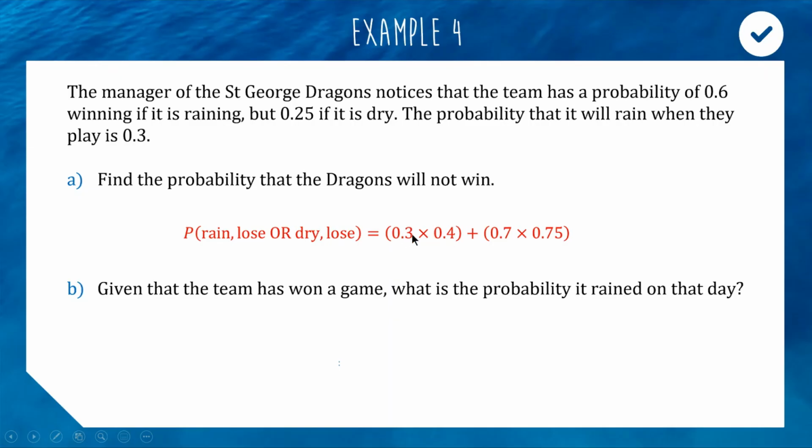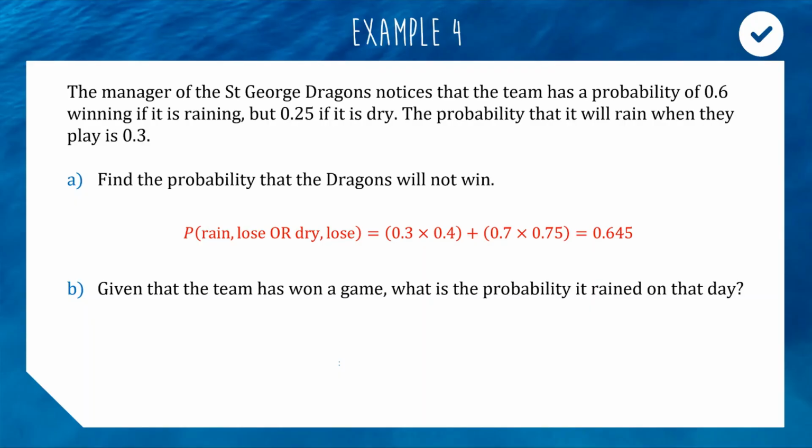All right, so rain times lose. We're plussing to that the probability that it's dry, which is going to be 0.7. When it's dry, they've got a 0.25 chance of winning, so they've got a 0.75 chance of losing. All right, so raining and losing, or dry and losing. There are two possibilities. We get a total probability of 0.645, which is 64.5%.